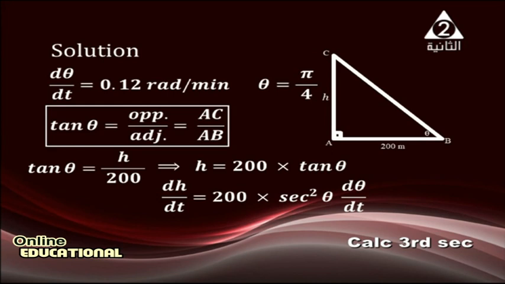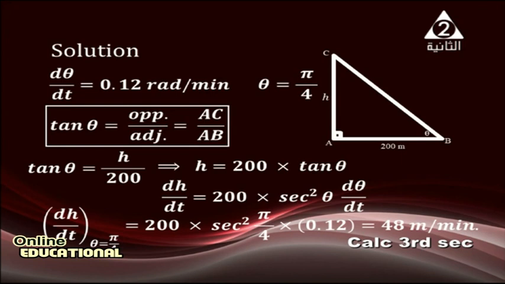And we know that the rate of change of θ with respect to time equals 0.12, and the measure of the angle at this moment equals π/4. Then dh/dt at θ equals π/4 equals 200 multiplied by sec²(π/4) multiplied by 0.12, which equals 48 meter per minute.